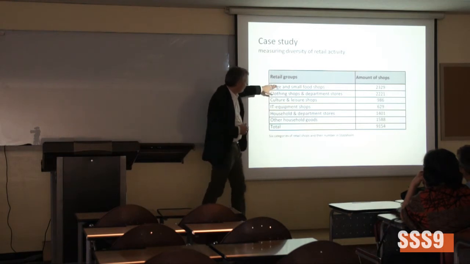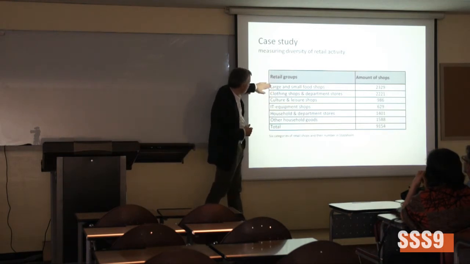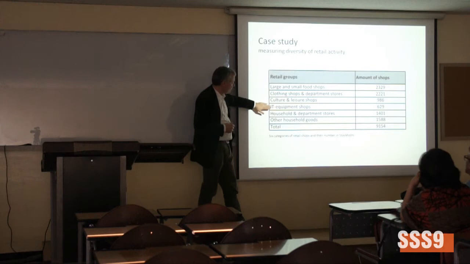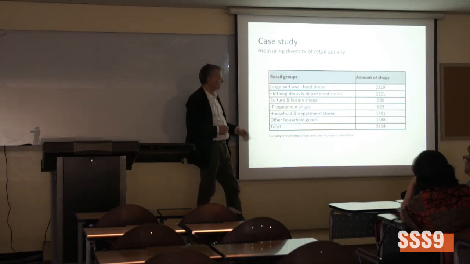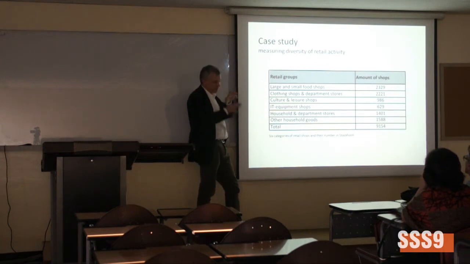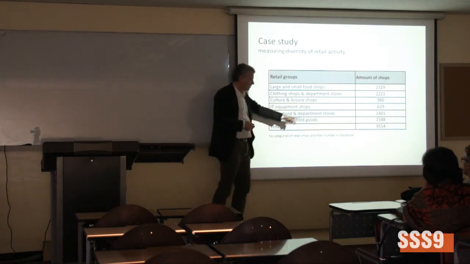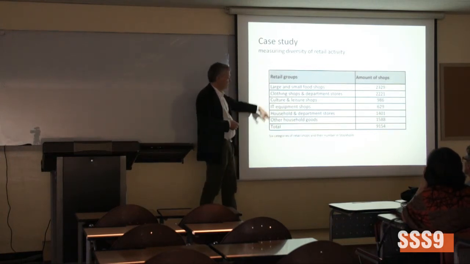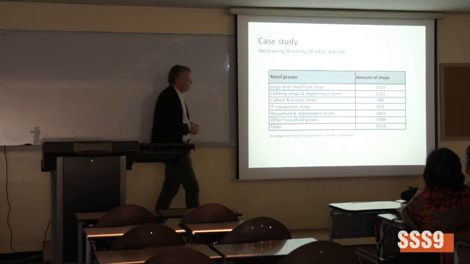Anyway, maybe I'm talking too long, but we chose to divide all retail into 6 main groups, and then calculate the degree of the presence of all these in the different centers as a measure of diversity, using the Shannon index to get the numbers.